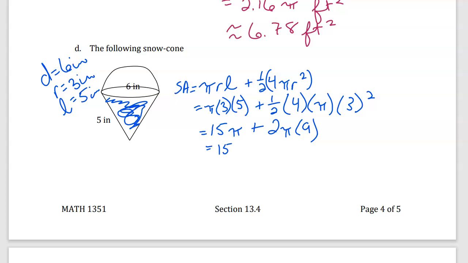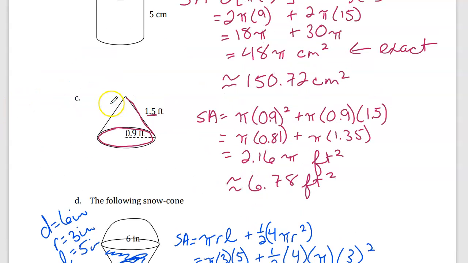So that would be 15 pi plus 18 pi, which would be 33 pi inches squared, or approximately 103.62 inches squared.